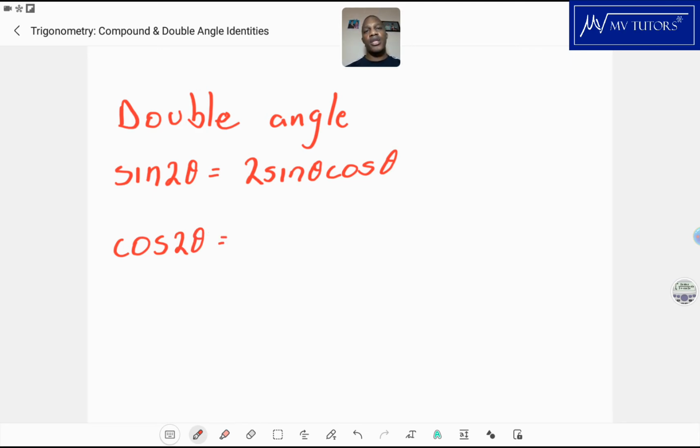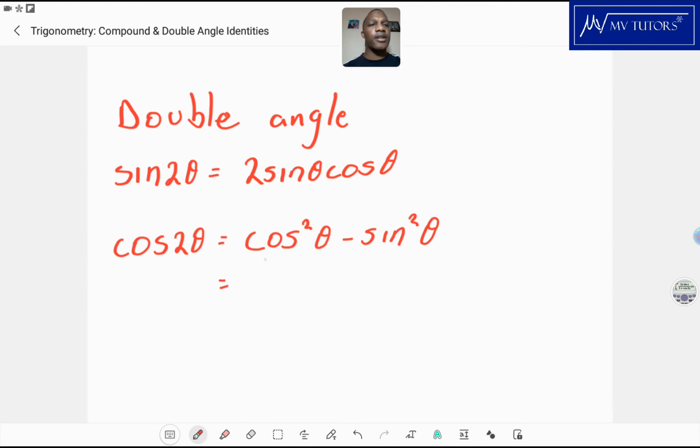Now cos 2 theta is basically one identity, but you can manipulate it in order for it to become three equal parts. The basic one is cos squared theta minus sine squared theta.